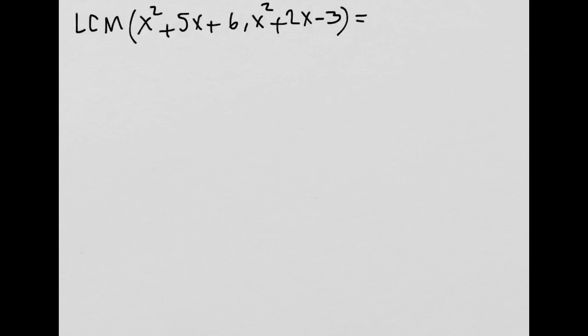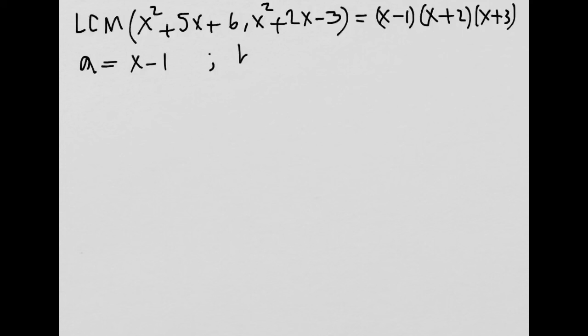We found that to be x minus 1, x plus 2, x plus 3. We also found that A is x minus 1 and B is x plus 2. We are ready to add the given rational expressions.